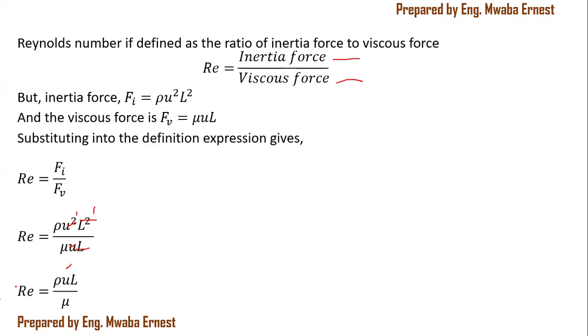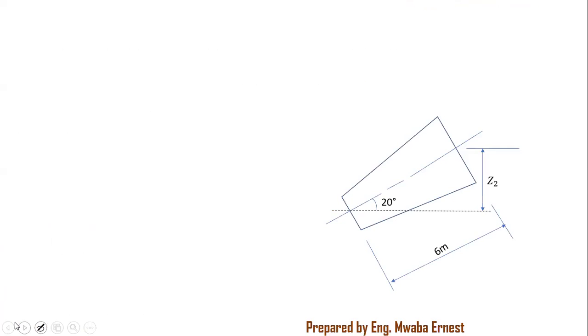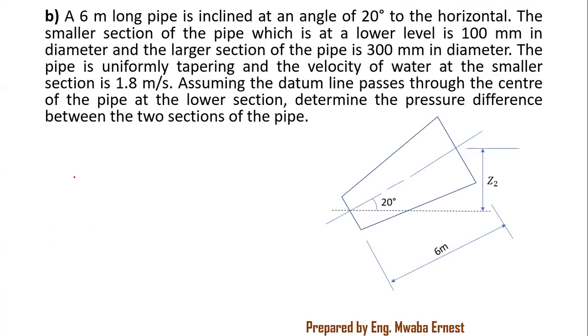Let's go to the next one. Again, this is now actually question B. The question says a 6-meter long pipe is inclined at an angle of 20 degrees to the horizontal. The smaller section of the pipe at the lower end is 100 millimeters in diameter, and the larger section of the pipe is 200 millimeters in diameter.